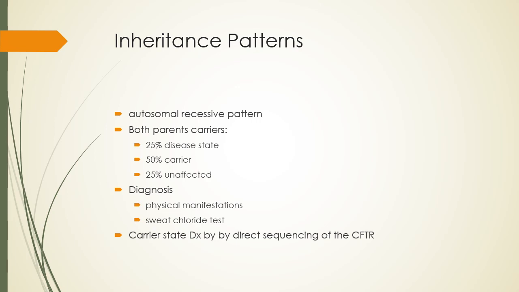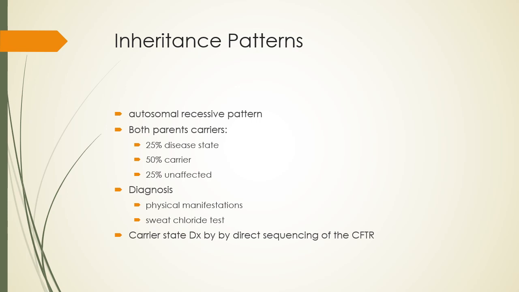Like I already mentioned, cystic fibrosis is transmitted by an autosomal recessive pattern from the parent to a child. If you remember, autosomal recessive means that there are possibilities of an unaffected state, an affected state, and a carrier state.